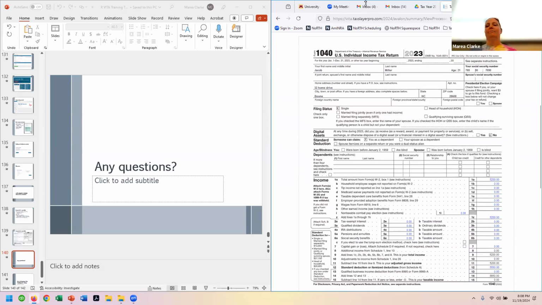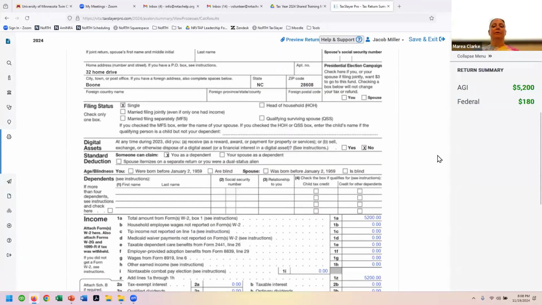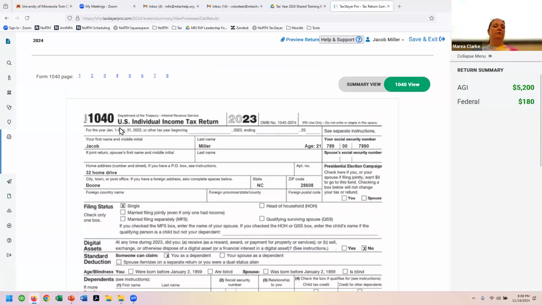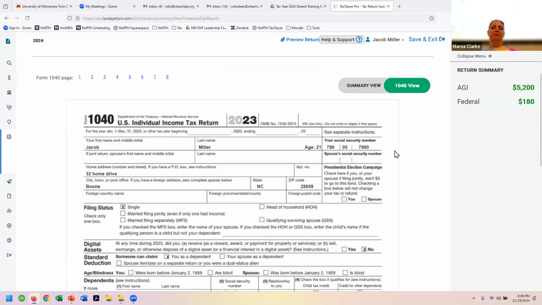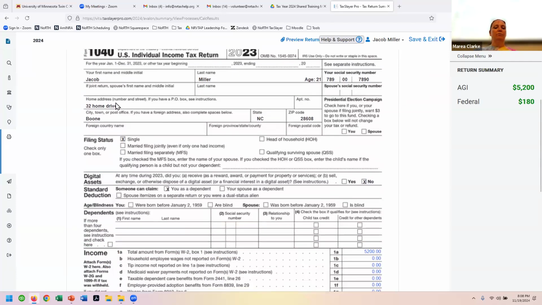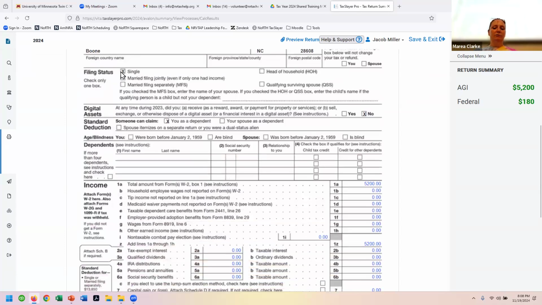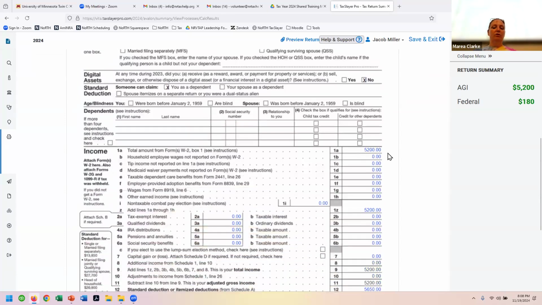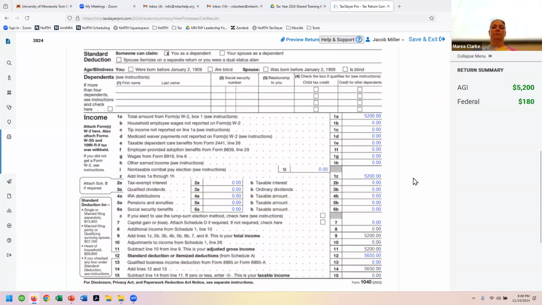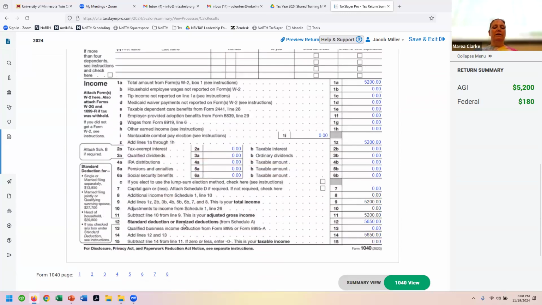So just like that. Not just like that, but anyway. Right, so we've got his name, his address, social security number. He's single. He has $5,200 of wages. Right, his standard deduction is his earned income plus that $450, so $5,650. His taxable income is zero.